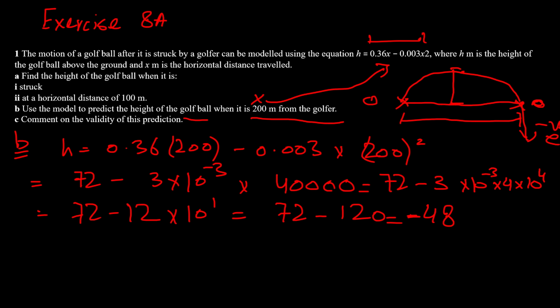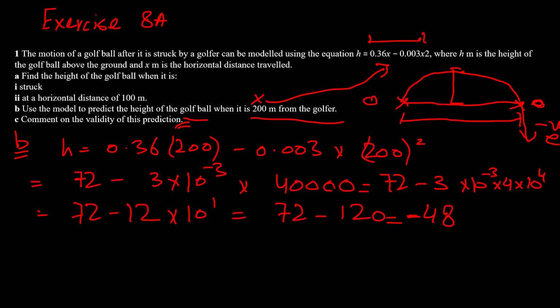Comment on the validity of this prediction. We can get this comment by checking the values of x for which height is equal to 0. If height gives us a negative value, it means that our model is breaking down. So we will find the values of x for which the model is valid.